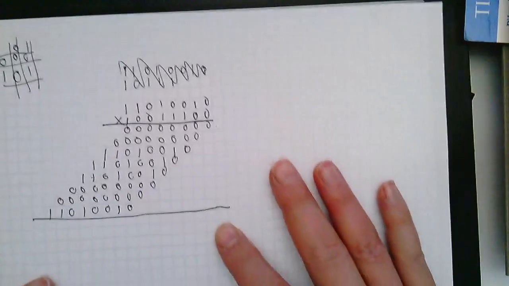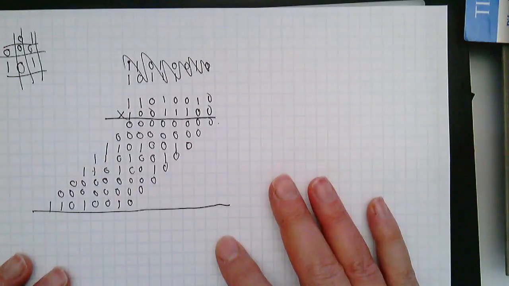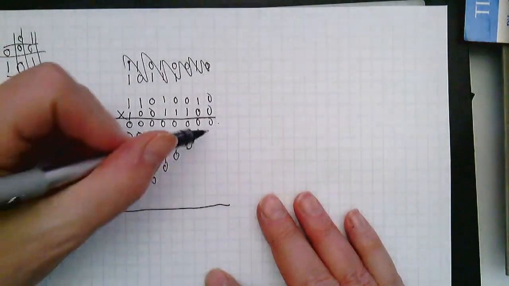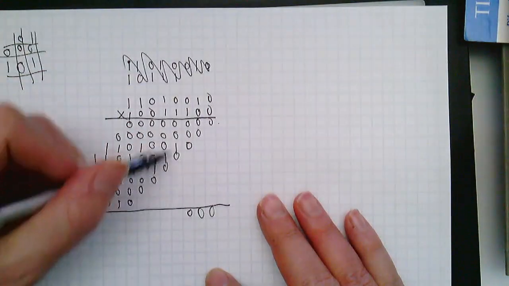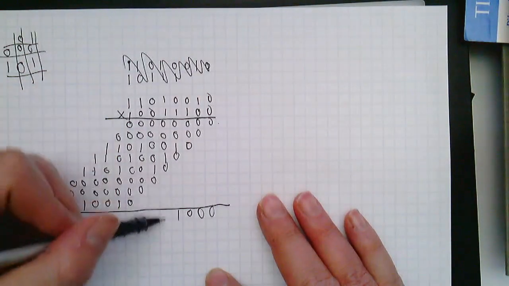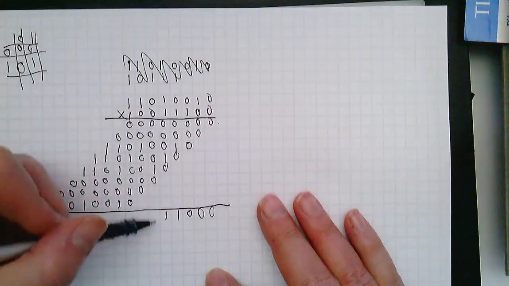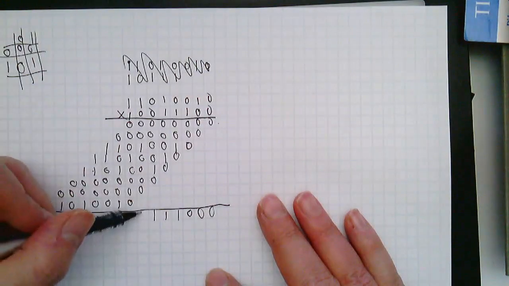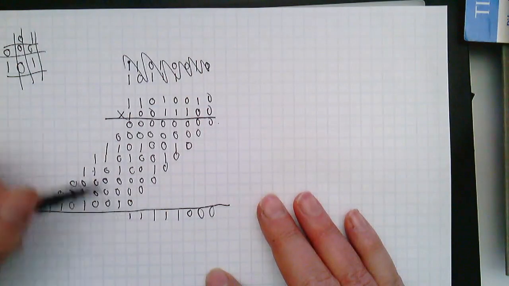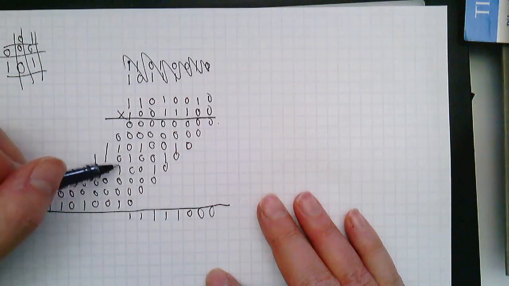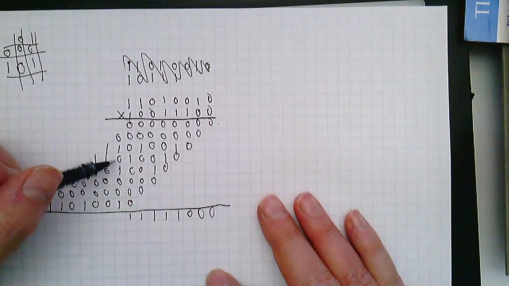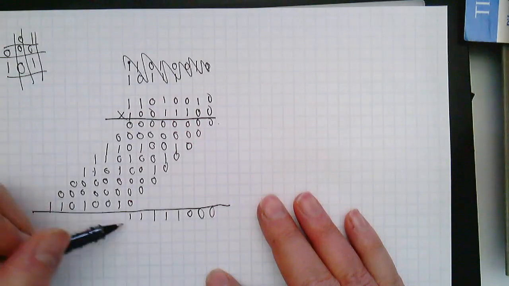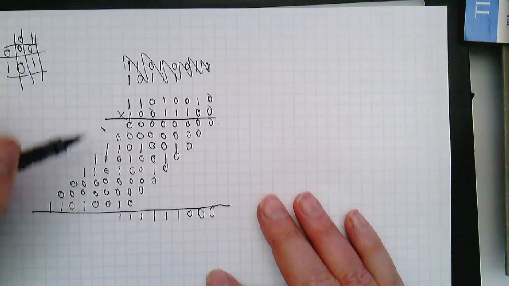Right? So now all I have to do is addition. 0 plus 0 is 0, 0 plus 0 is 0, 0 plus 0 is 0, 1 plus 0 is 1, 1 plus 0 is 1, 1 plus 0 is 1, 1 plus 0 is 1, 1 plus 0 is 1. This is fun. 1 plus 1 is 0 carry the 1. Plus 1 is 1 carry the 1.